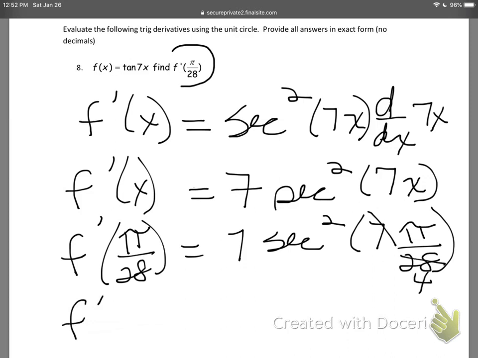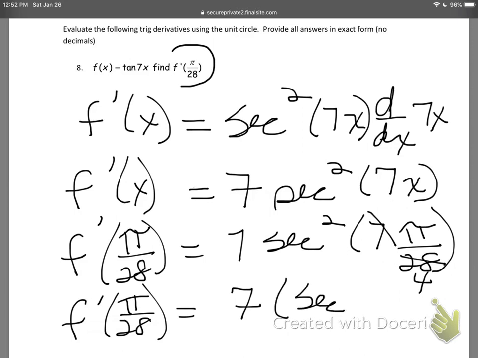So really what I want to do is clean this up a little bit. So this is going to be 7 times, and secant squared is really secant of pi over 4, and I'm going to square that. That's what that means.